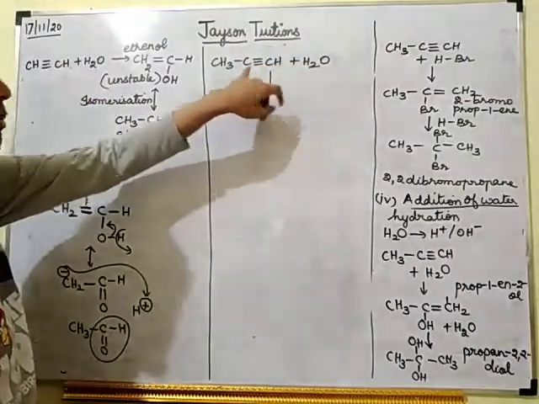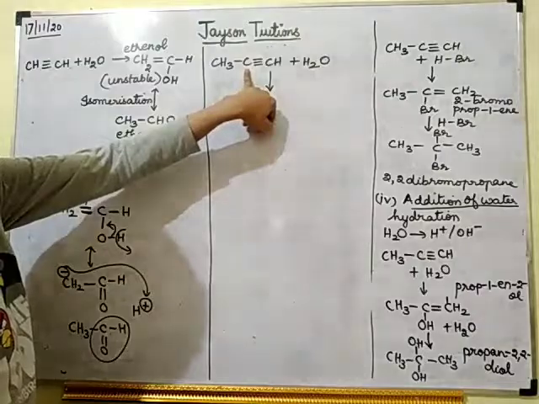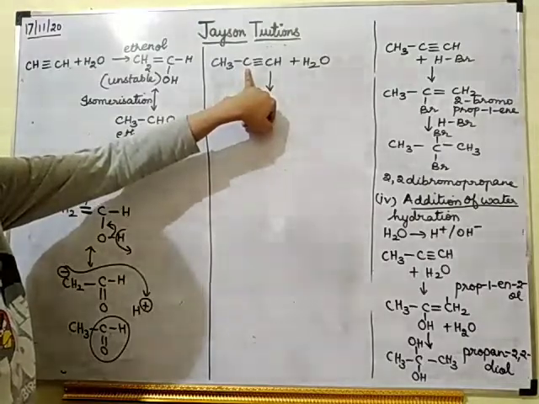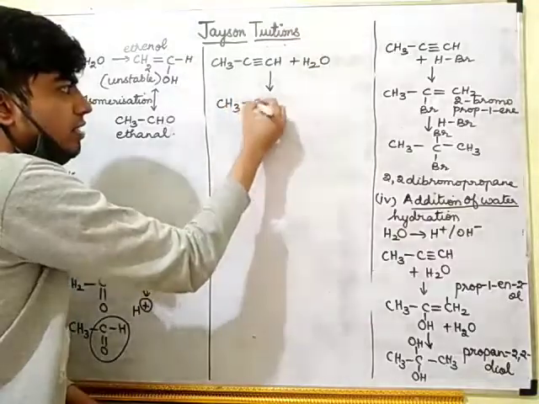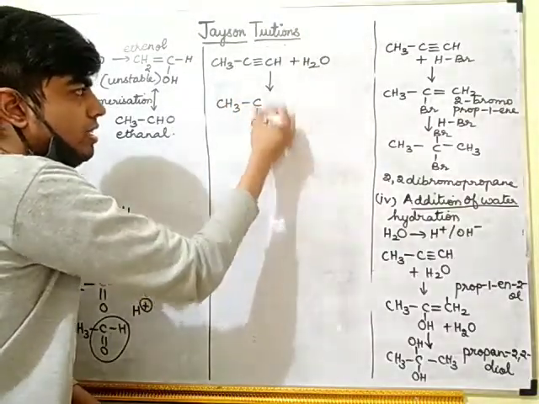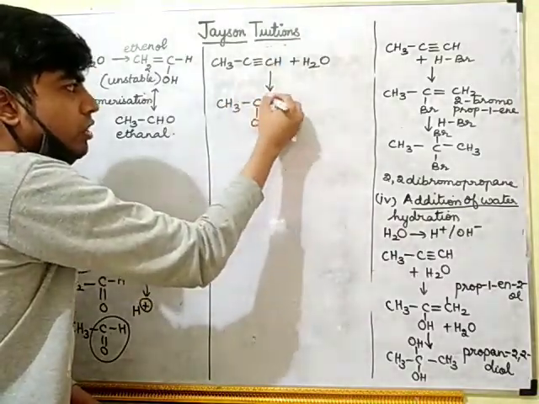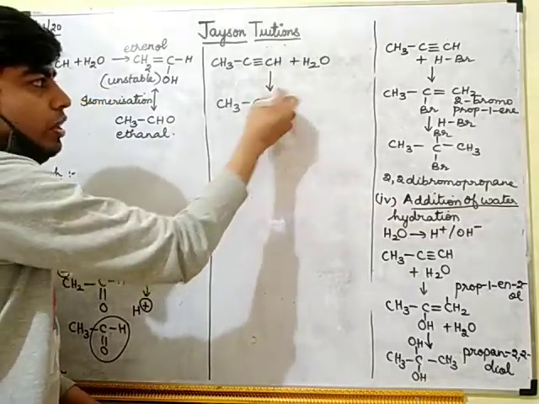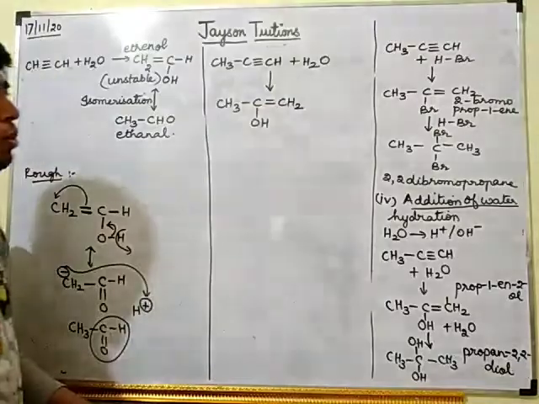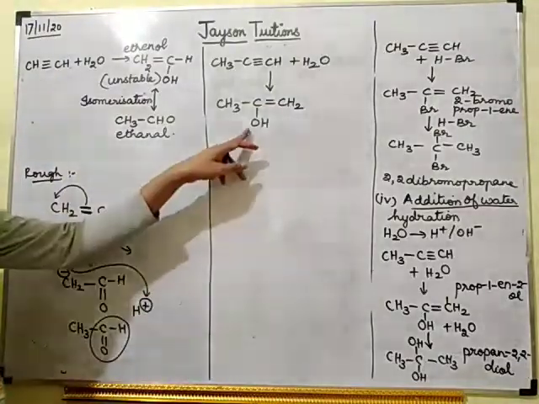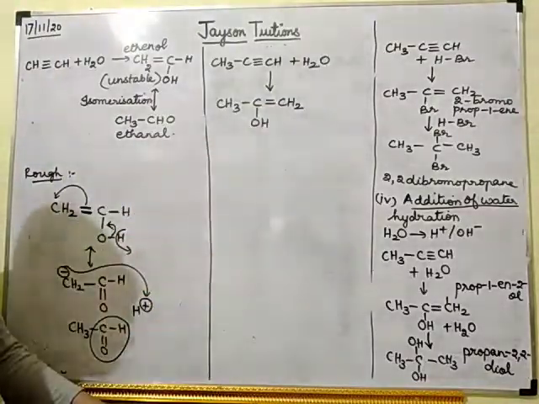So OH will be added to which carbon? The one which has the least number of hydrogens. So I will be getting CH3 COH, and the triple bond will change into a double bond, CH2 like this. So now how will this undergo isomerization?